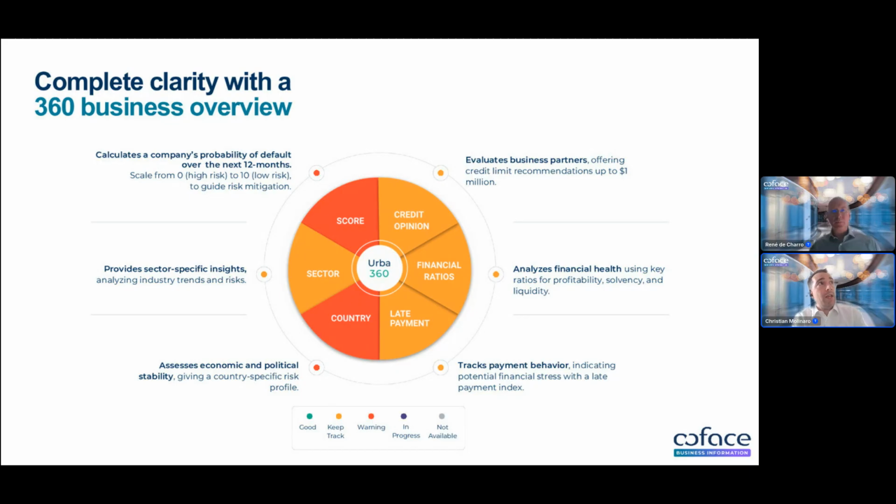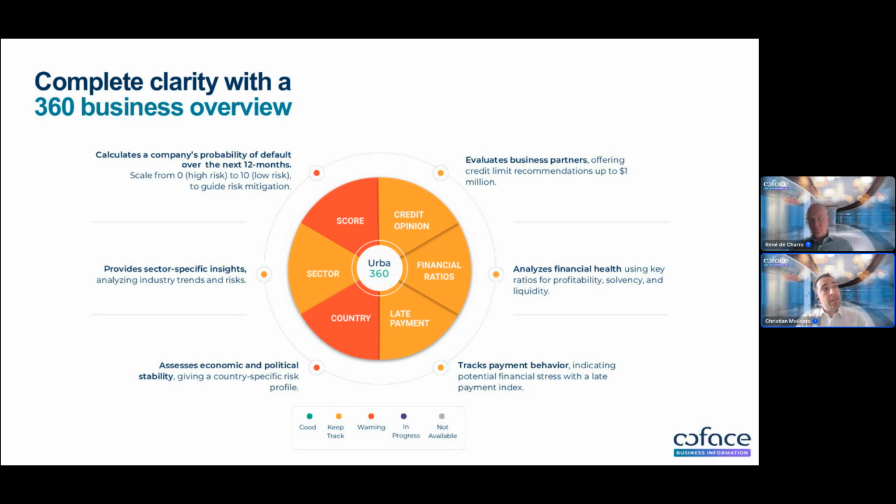As COFACE, as I mentioned before, we are in more than 200 countries, so we need to take into consideration the country as a factor of risk, the sector also, because the same company in different country could be different, and the same sector in different country could have a completely different level of risk. So we need to take in consideration, and we have an economic research department that every day takes a look at these 2 specific points.